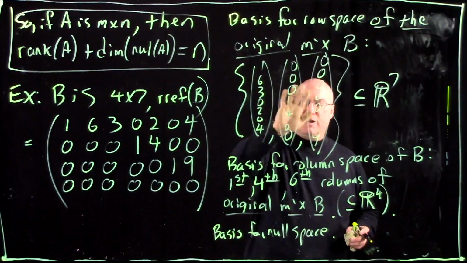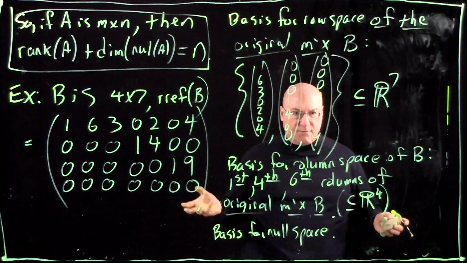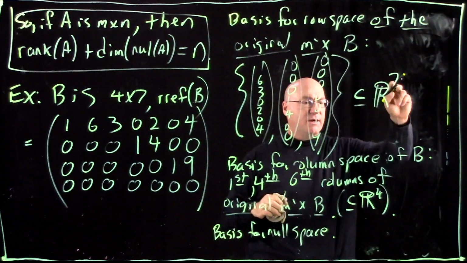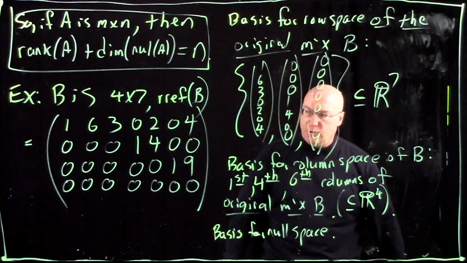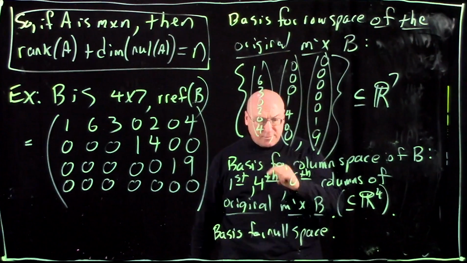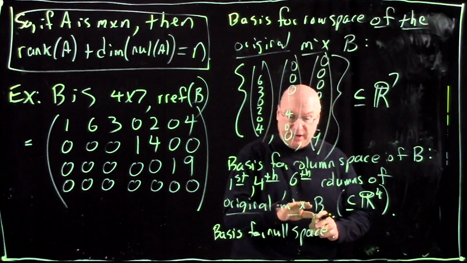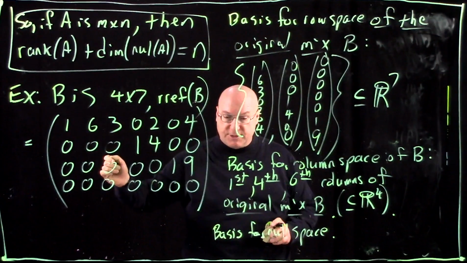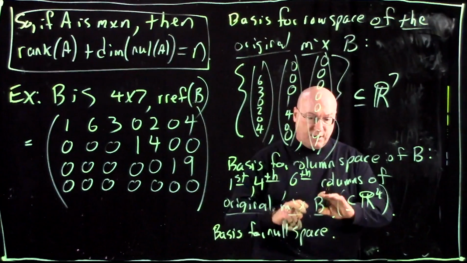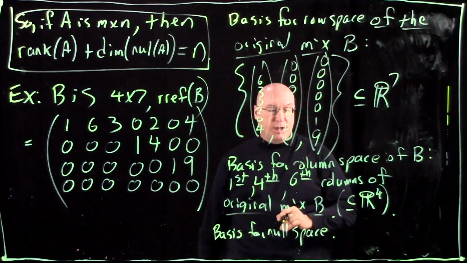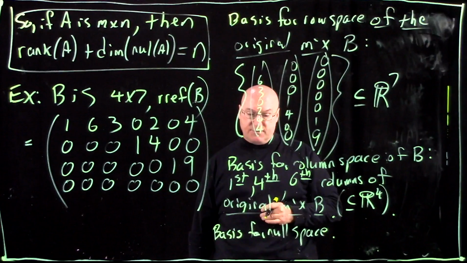I know from 3 vectors up here, I'm going to have 3 down here, even though we're in totally different spaces, right? These came out of R7, and these are coming out of R4. But the vectors are different, very different. The vectors here are going to be in R4. There are only going to be 4 entries, right? So it's going to be very different from what we have up here, but the number of vectors in the basis for each is the same.